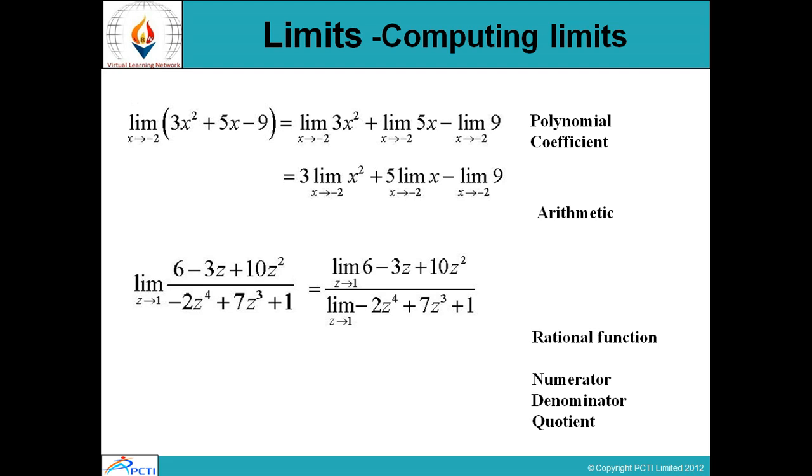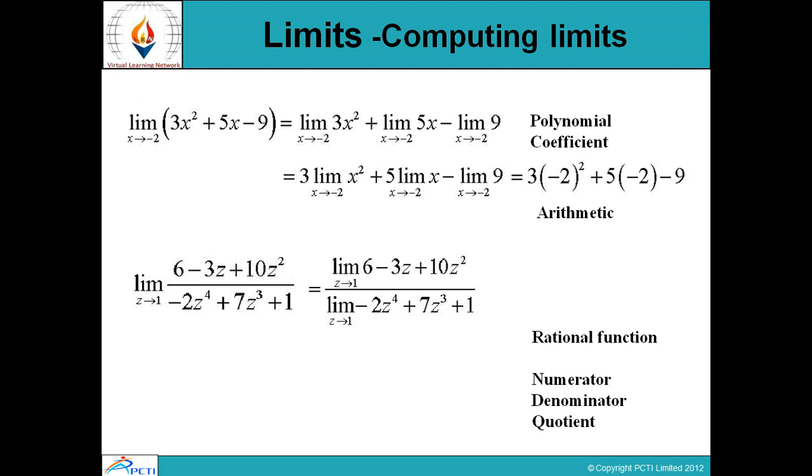Then 3 times minus 2 squared plus 5 times minus 2 minus 9, which is equal to minus 31.